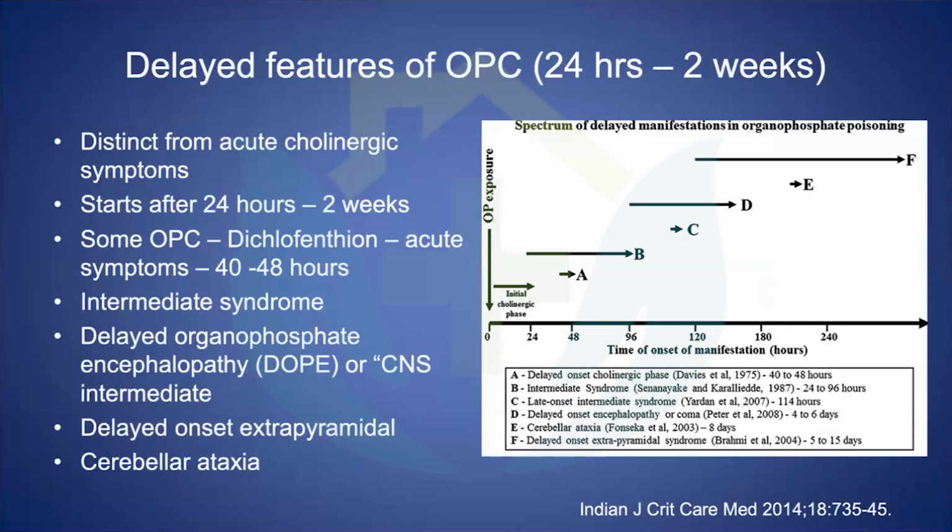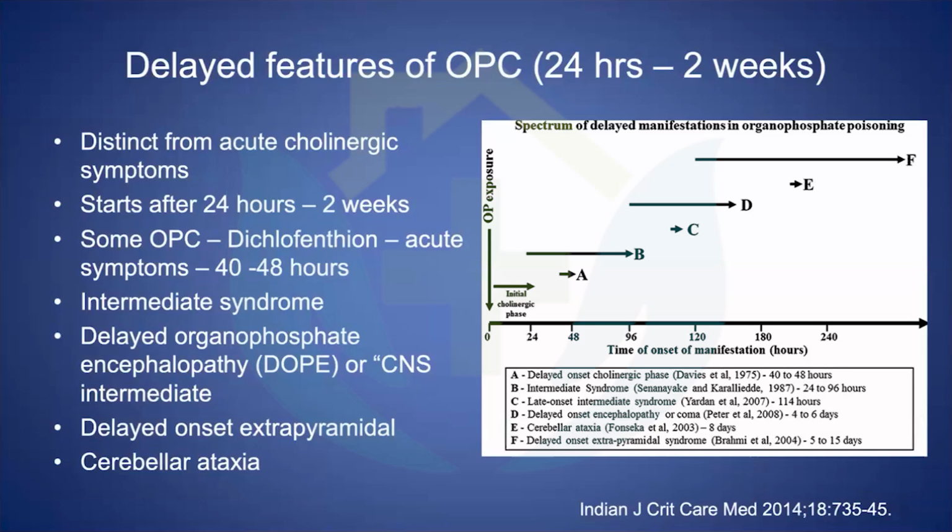Some organophosphorus poisoning has acute symptoms at 40 to 48 hours. They produce mainly the intermediate syndrome, delayed organophosphorus encephalopathy, and delayed onset of extrapyramidal signs and cerebellar ataxia. So the intermediate syndrome is more commonly found.